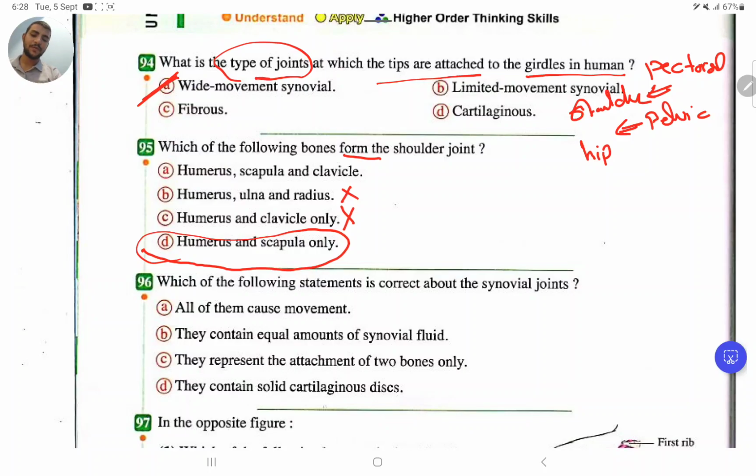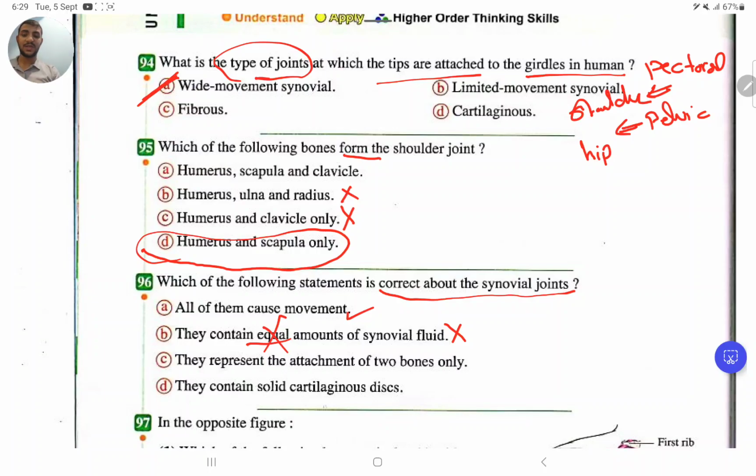96. Which of the following statements is correct about synovial joints? I need the correct one. All of them cause movement. I think it's the correct answer. Yes, all of them. They contain equal amounts of synovial fluid? No, it's different. They represent the attachment of two bones only? Not two bones only.